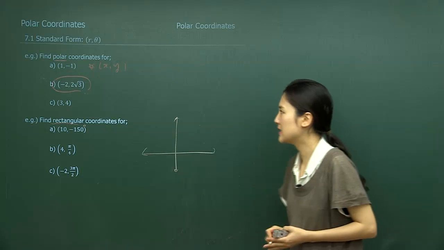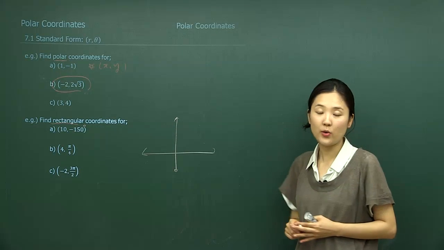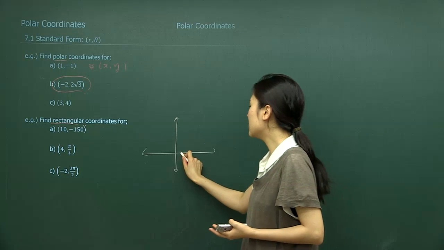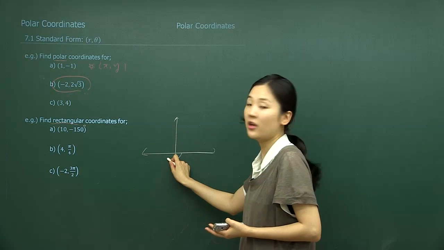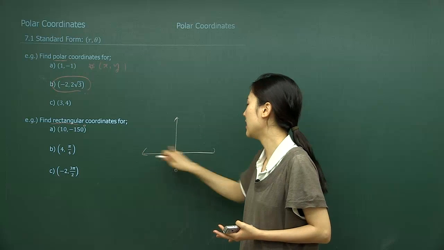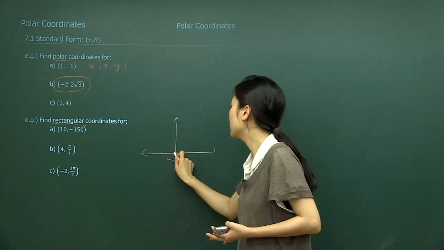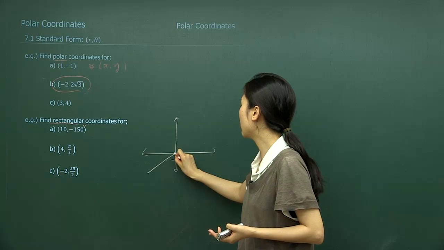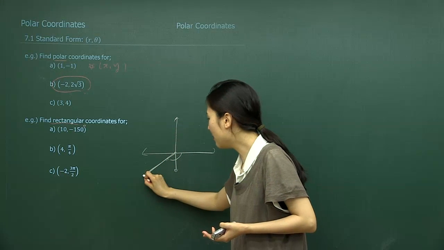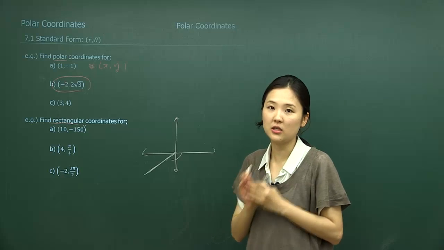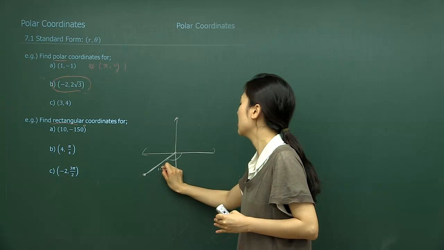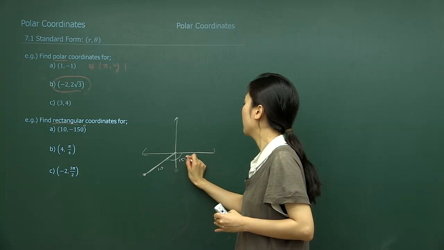Negative 150 degrees goes which way? It's negative, so it should go this way, right? It has to stop somewhere here, because this is negative 180 if we go all the way. So you need to go this much and stop, and then you have to start measuring and stop when you have reached 10 units long. So this will be the position of your point.